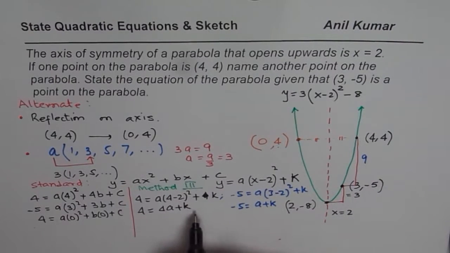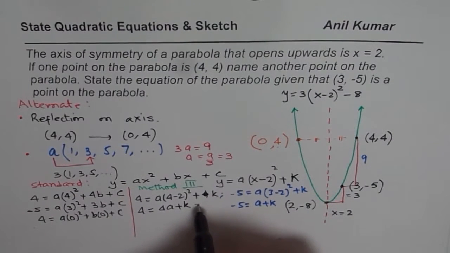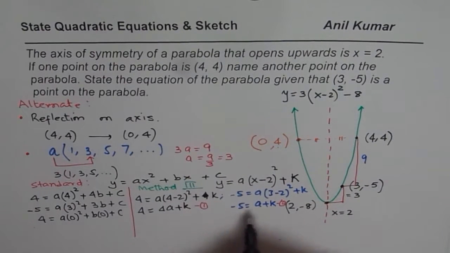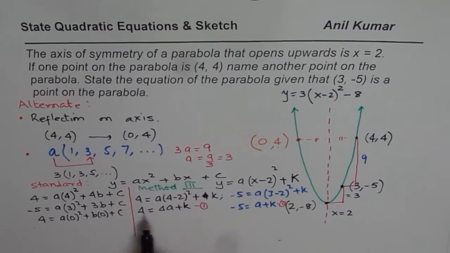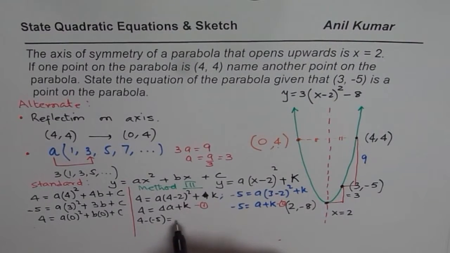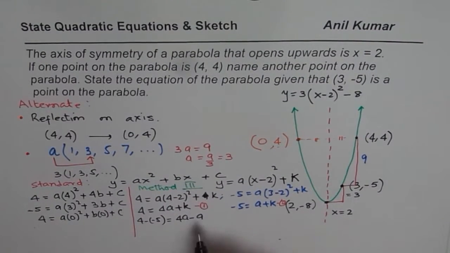Now from these two equations, let me call this equation 1, this equation 2, and if I do 1 minus 2, what do I get? I get 4 minus (minus 5) equals 4a minus a, and k minus k is 0. Okay, great.